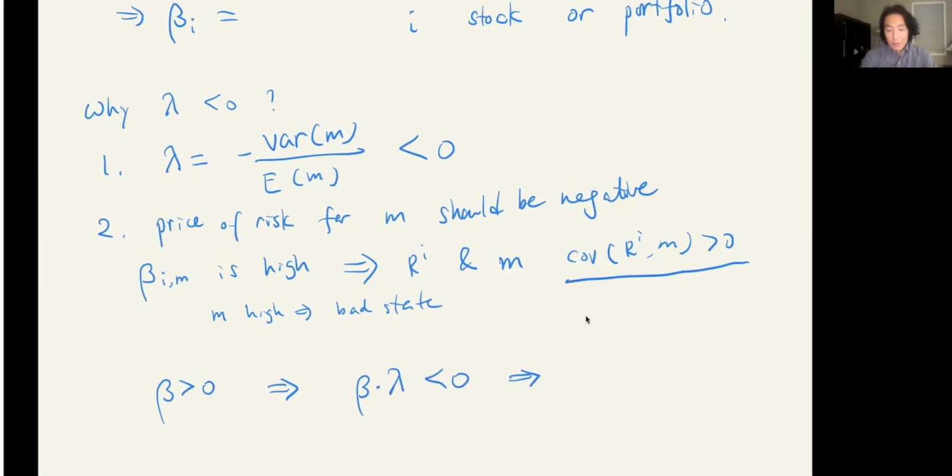Okay. In other words, that asset should have negative excess return, meaning that asset i's return should be lower than the risk-free rate. Okay, so if the asset works as an insurance, if there's an asset that pays off well when the state of the world is bad, investors want to hold such assets even if the expected return is lower than the risk-free rate. And that is the reason why the price of risk for m should be negative.